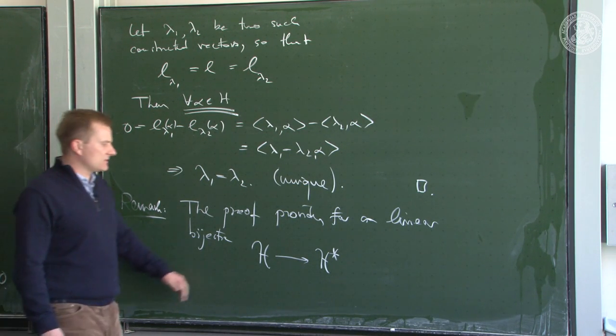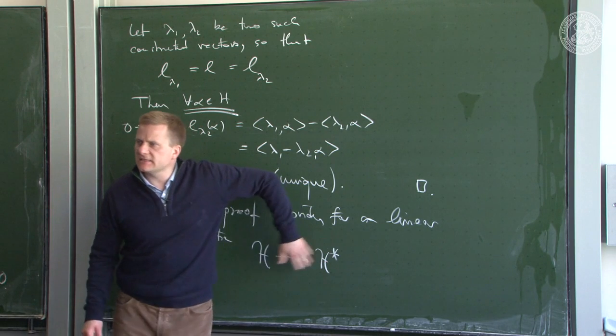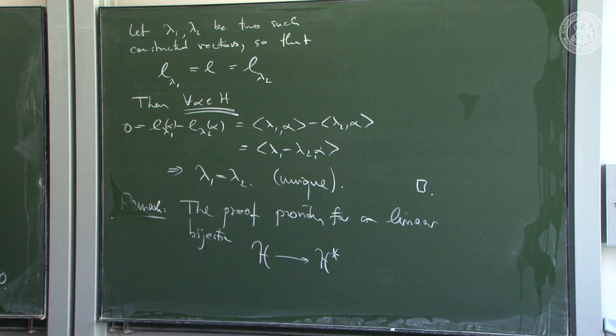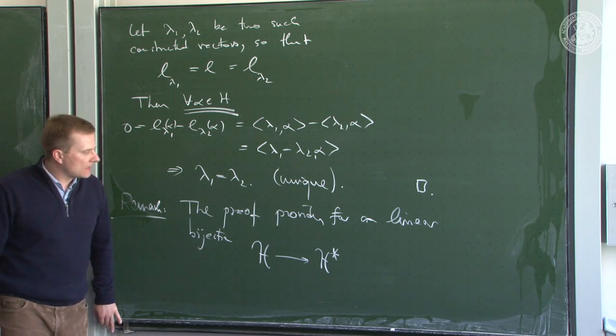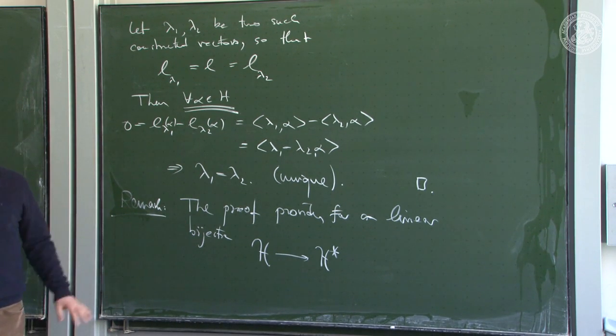Okay, so this is why one can say the H and the H star, they're actually the same space, right? They're isomorphic to each other as vector spaces. And so that's this duality.